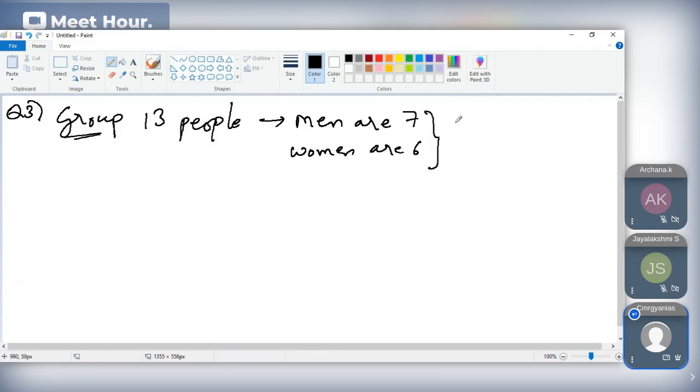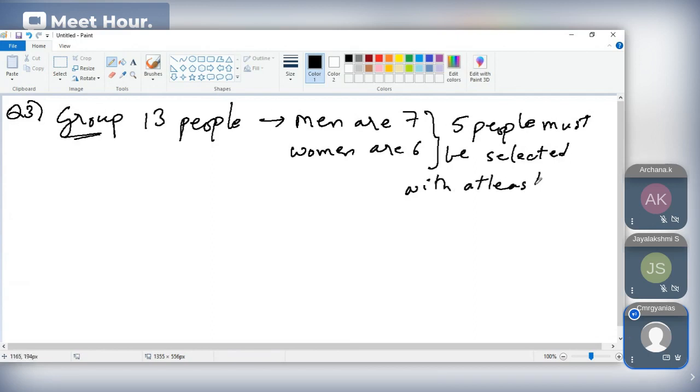And the question is, 5 people must be selected with at least 3 men. How many ways are possible?